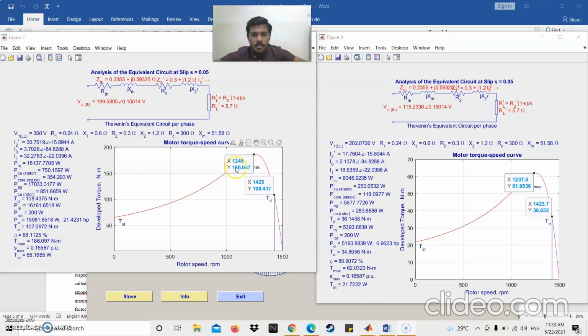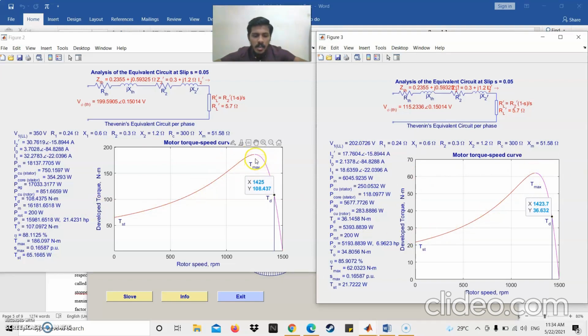Also, the pull out torque is influenced by R2 times (1 minus slip) over slip, because it can change the position of the curve. So once it reaches the pull out torque, it automatically reduces. If you notice, it reduces. Okay, why does it reduce?